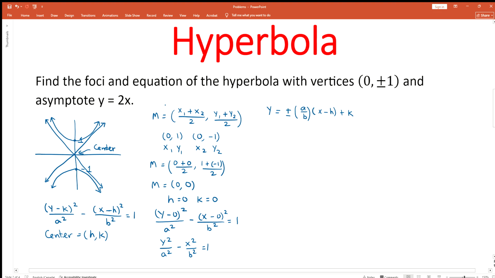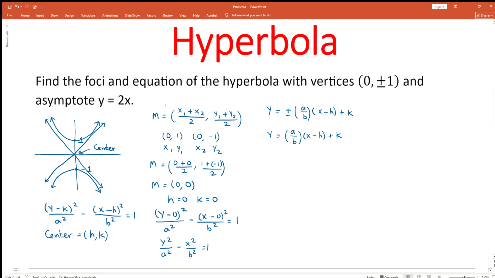One asymptote has a positive slope, the other has a negative slope. All other parts of the equations of the asymptotes are the same. So for the given asymptote equation y equals 2x, we can ignore the negative sign in the general equation. We can analyze the equation y equals a over b times (x minus h) plus k.